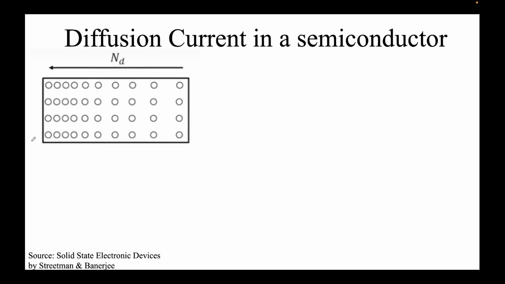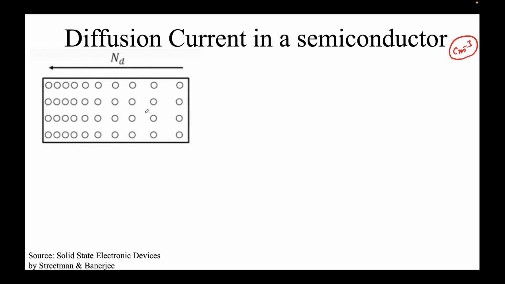Concentration in this course is usually measured in cm^-3, per centimeter cube. Dopants are measured, like atoms, per centimeter cube. So on your screen, to your left you see a semiconductor, let's say silicon.